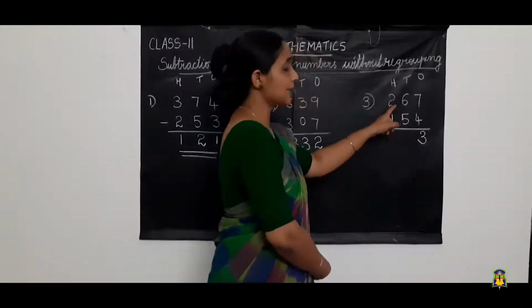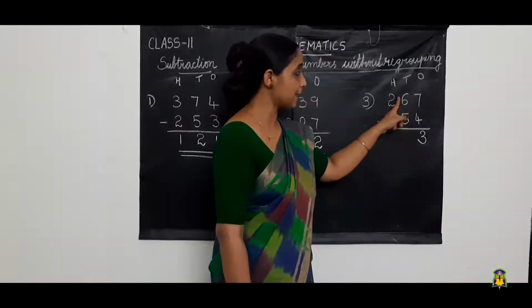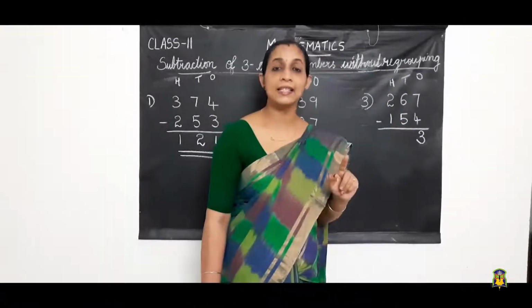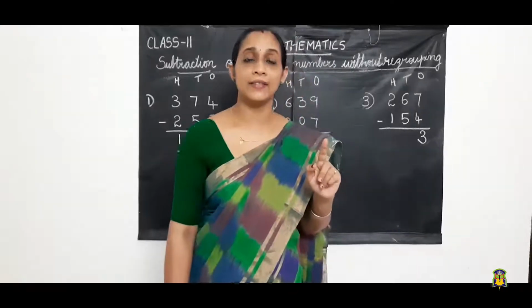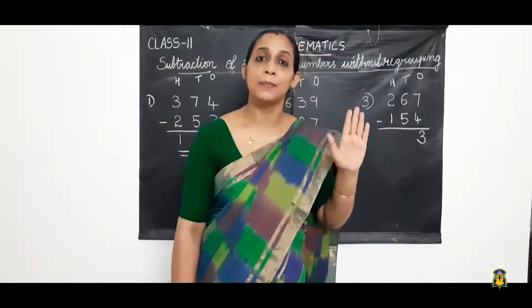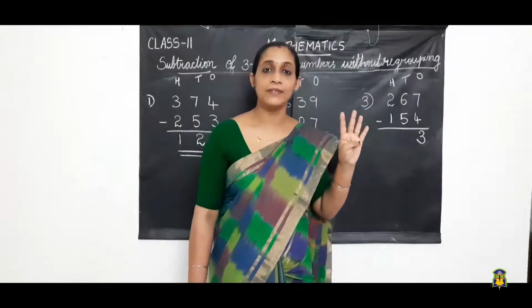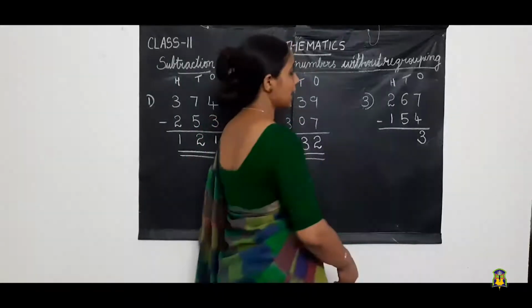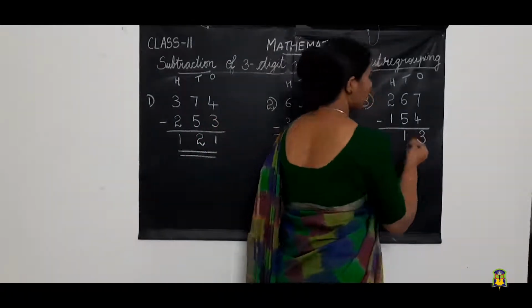Now, move on to the next place, that is tens place. In tens place, we have the digits 6 and 5. 6 is greater than 5. So, 6 in mind, 5 in hand. Before 6, 5, 4, 3, 2, 1. Okay. So, answer is 1.